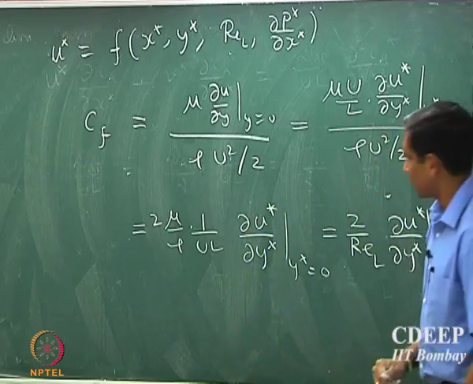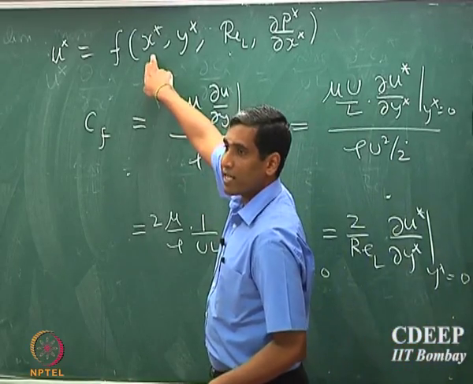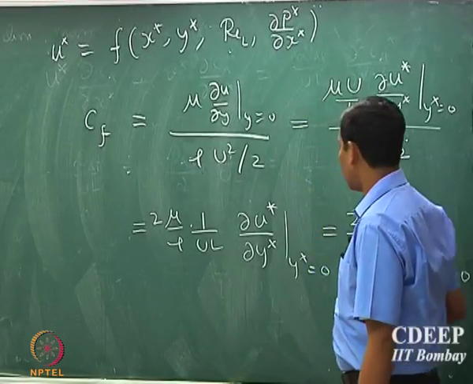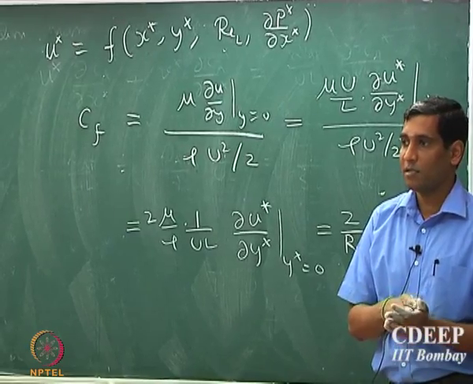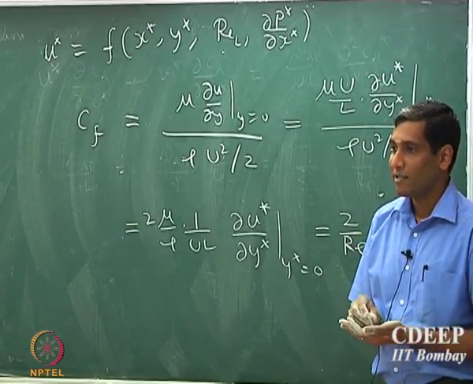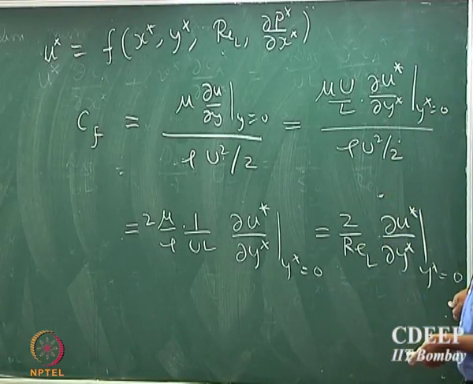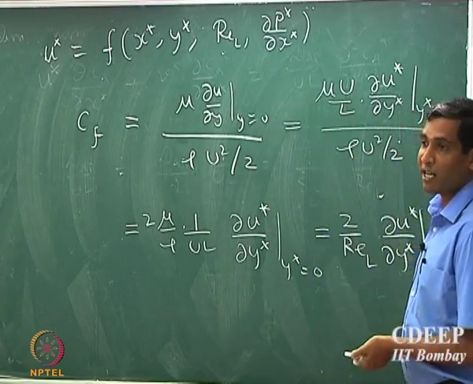Okay. So if u star is a function of x star, y star, Reynolds number and dp star by dx star, what about Cf? Cf will be the same thing evaluated at y star equal to 0. Remember that you take the derivative of this and evaluate at y star equal to 0.